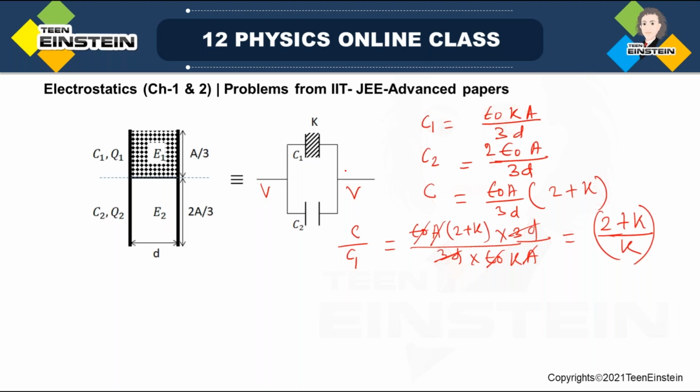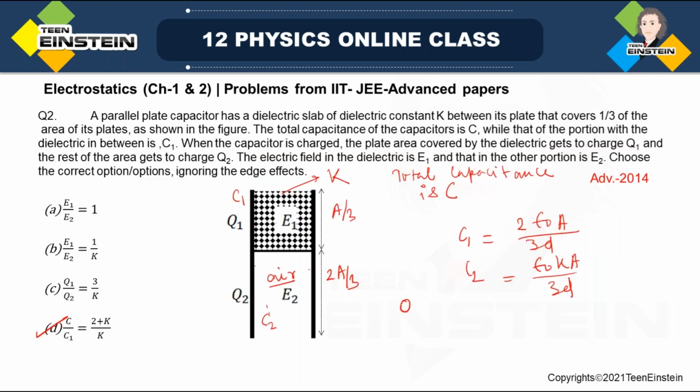We know Q is equal to CV. So Q1 by Q2 will be C1V by C2V. V goes up, then we get C1 by C2. It will be 2 by K, not 3 by K. So this is not true.